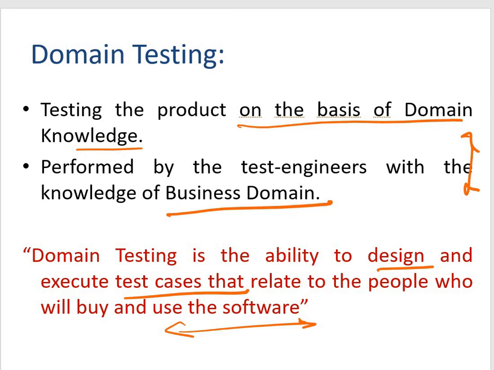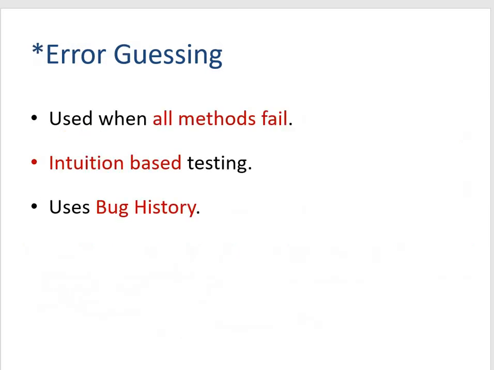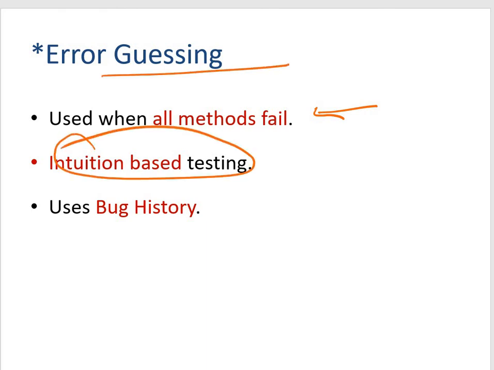Next is error guessing, right? We do it when all the methods fail, and since it's error guessing, it's intuition based testing which uses bug history.